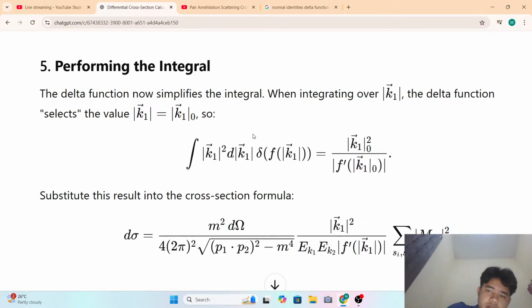Oh, it's supposed to be 1, right? It's supposed to be 1. No, it's not 1. Oh no, if you integrate a function with a delta function, it will become that function itself.